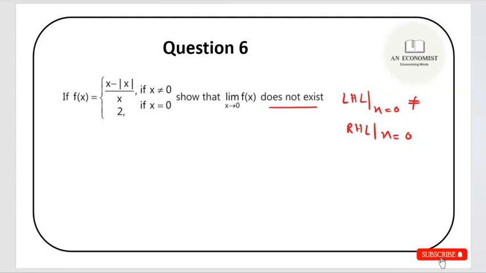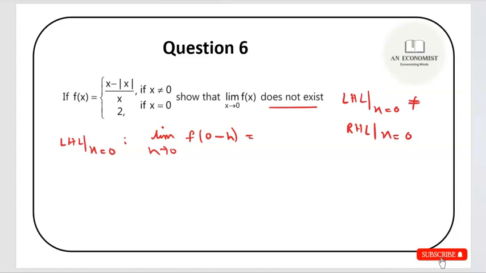As I have mentioned, the limit will only exist if these two values are equal, otherwise the limit does not exist, right? So find out the left hand limit at x equals to 0. Now again you have to replace here because it is in the 0 by 0 format. Limit h tends to 0 f of 0 minus h, right? This is what you need to find out.